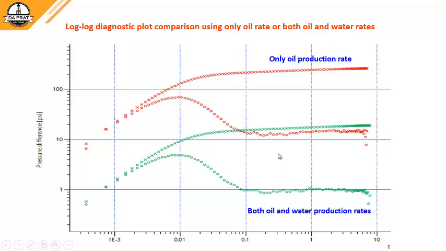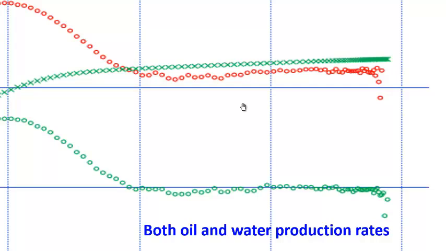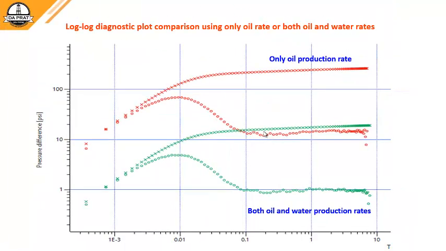You can see here that there is a difference. If you look at the derivative, there are some differences, not exactly the same. But from a practical point of view, you can consider it's okay, the tendency for the derivative for both.